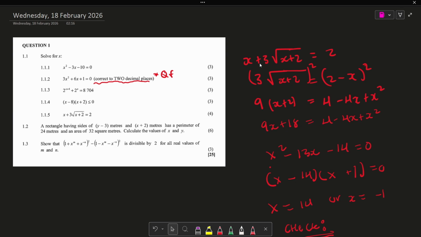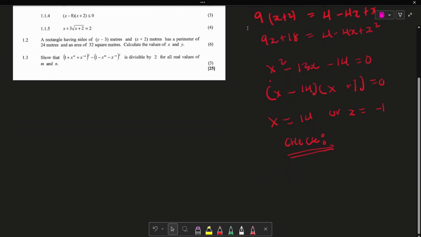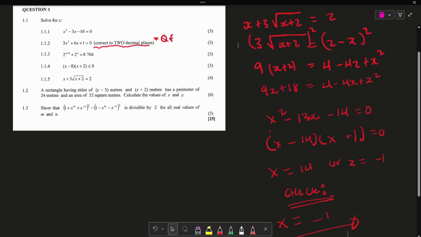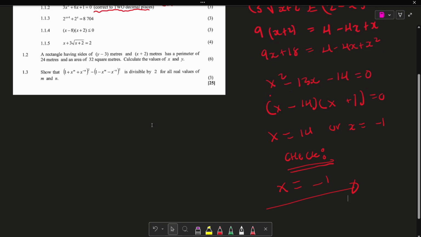So if we put minus 1, yes, so minus 1 does work. So we're going to say x equals minus 1. So it's very important that we need to make a choice. This one doesn't work, but the minus 1 does work. Sorry about the confusion here. I just made a slight error here.